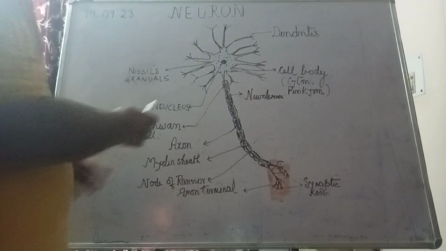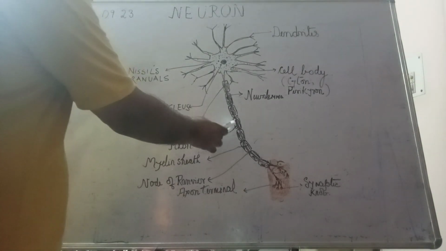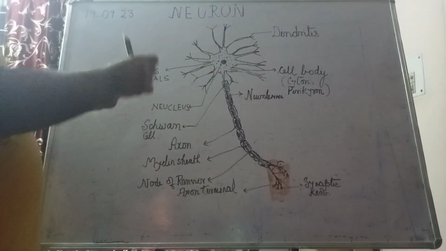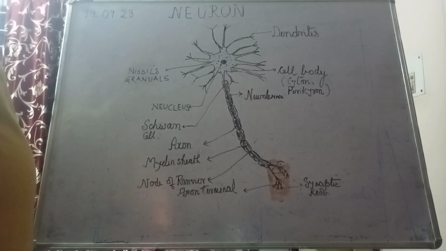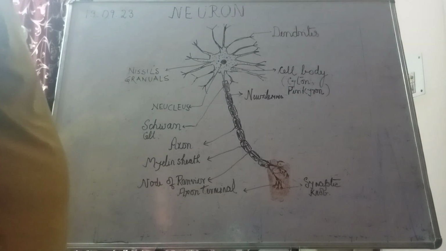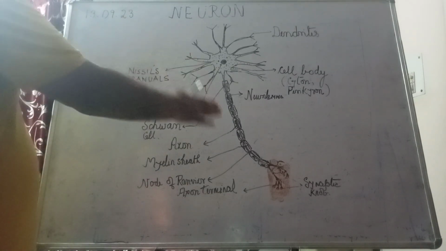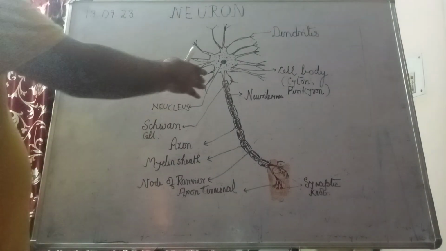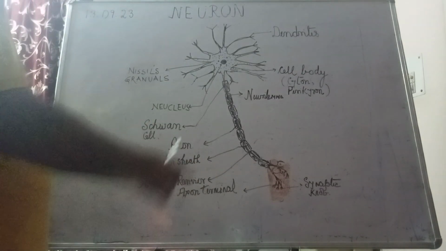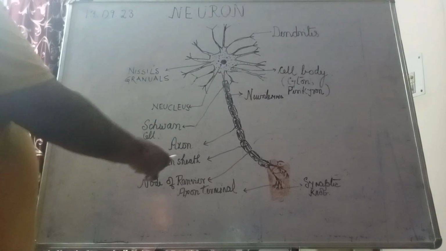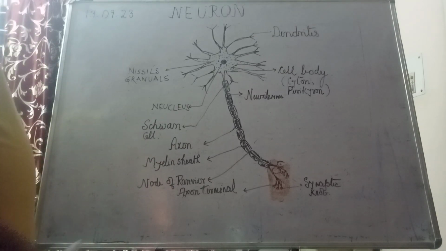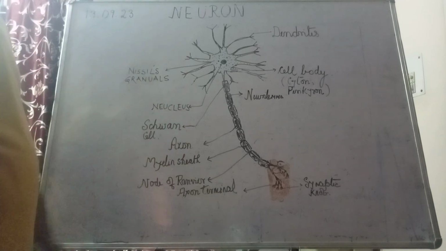And then another cell is visible here inside in the segments. That is Schwann cell. Schwann cell is what? Actually, it is forming the protection, the means of protection to the axon. That is myelin sheath. It is enclosing the axon with the myelin sheath.